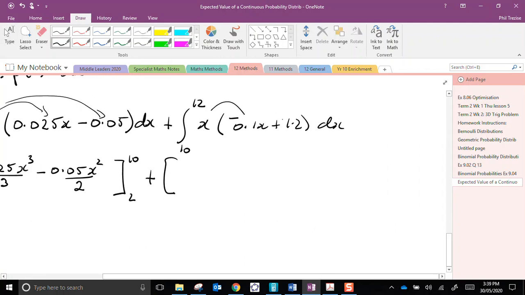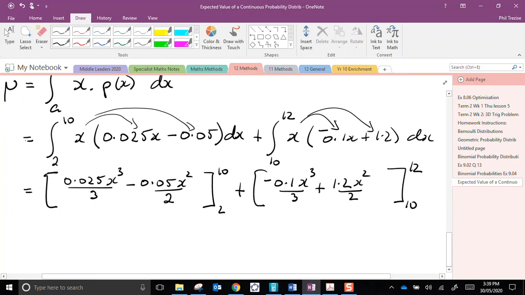We do the same thing here. I imagine distributing the x through, and this is lower limit 10 this time, upper limit 12. So I have negative 0.1. This is really x squared. Integral of x squared is x cubed over 3. This is really 1.2x, so the integral is x squared over 2.